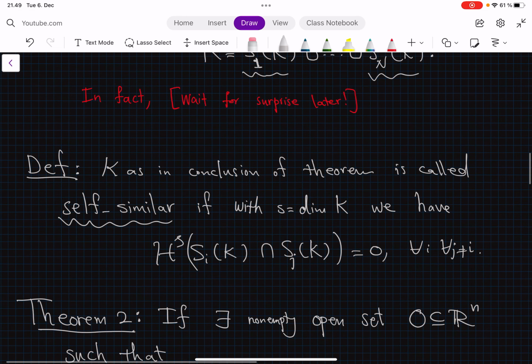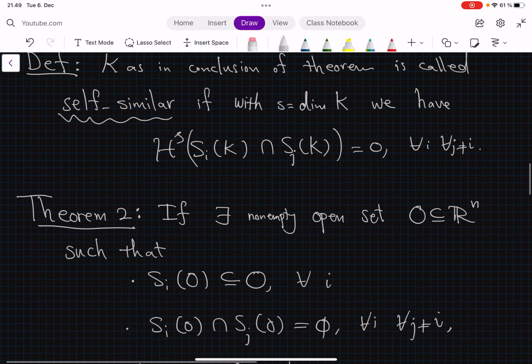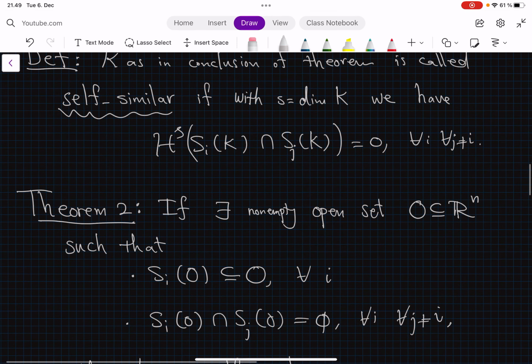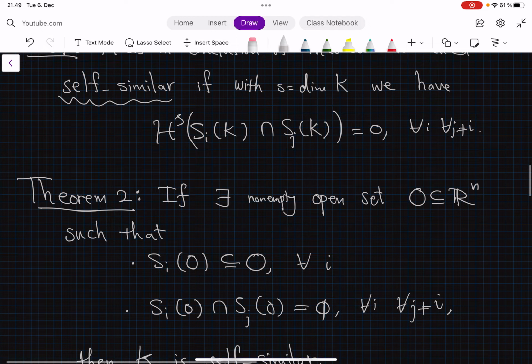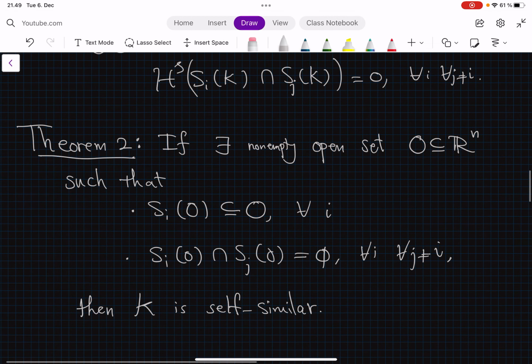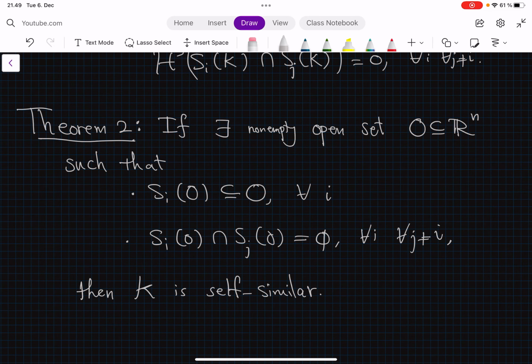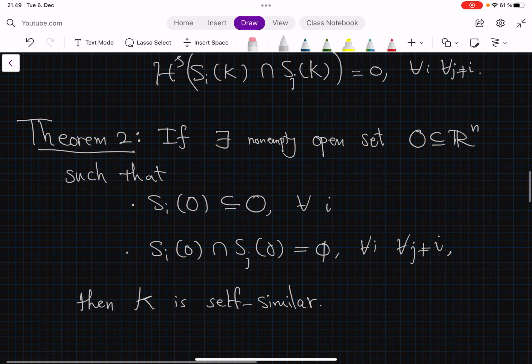But before finding this K, it may be difficult to tell when you will have this condition for negligible overlaps. And that's where this other theorem comes in, and it gives a sufficient condition for when you will have a self-similar set.